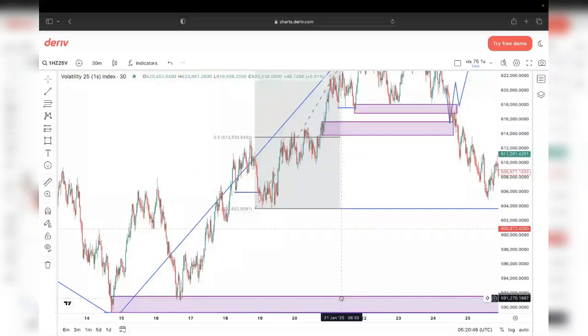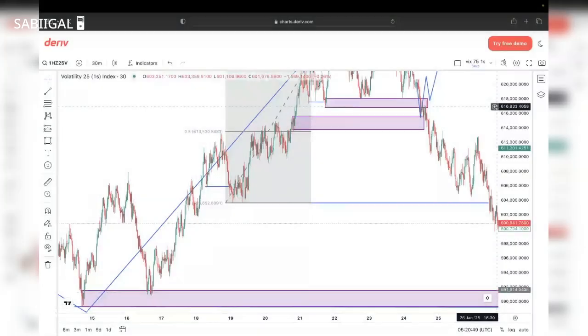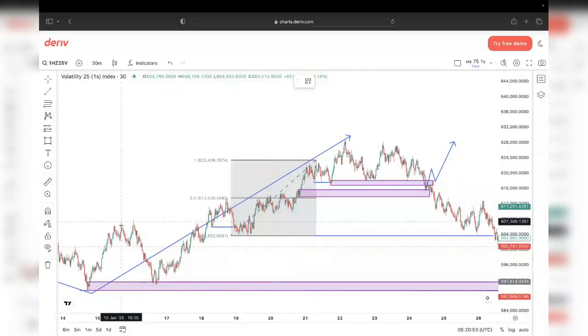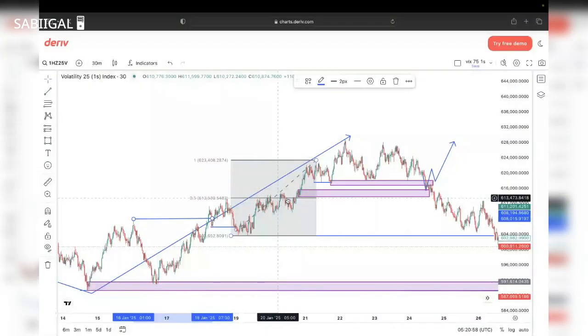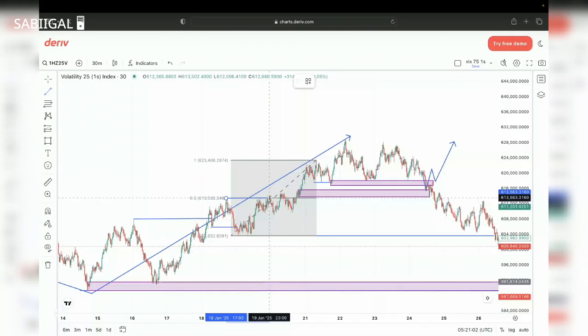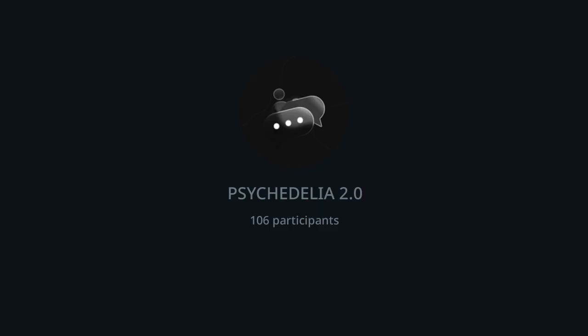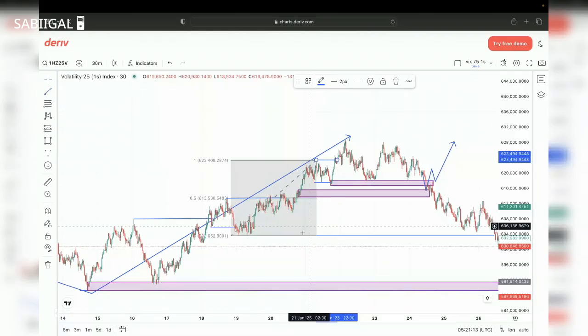We had another internal here which gave it the qualification of an external. This guy is here, so we have one, two, and three breaks of structure. One, two, three, and then this guy becomes an external.